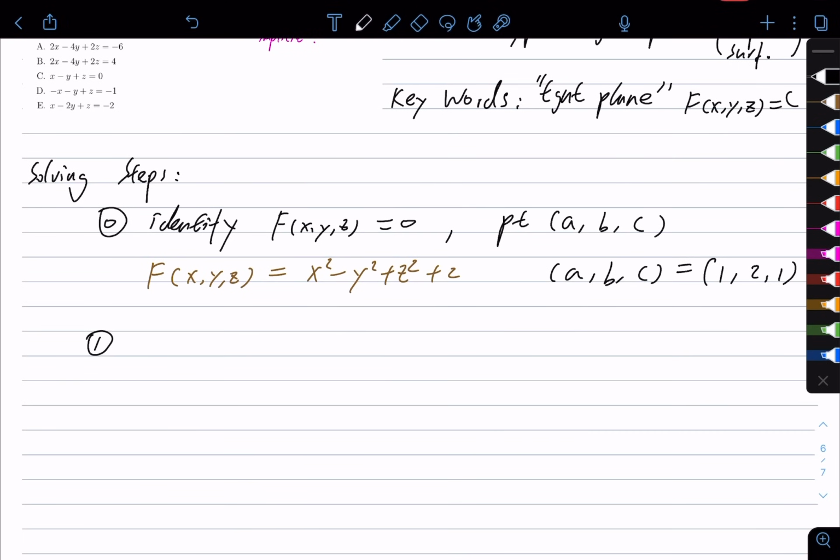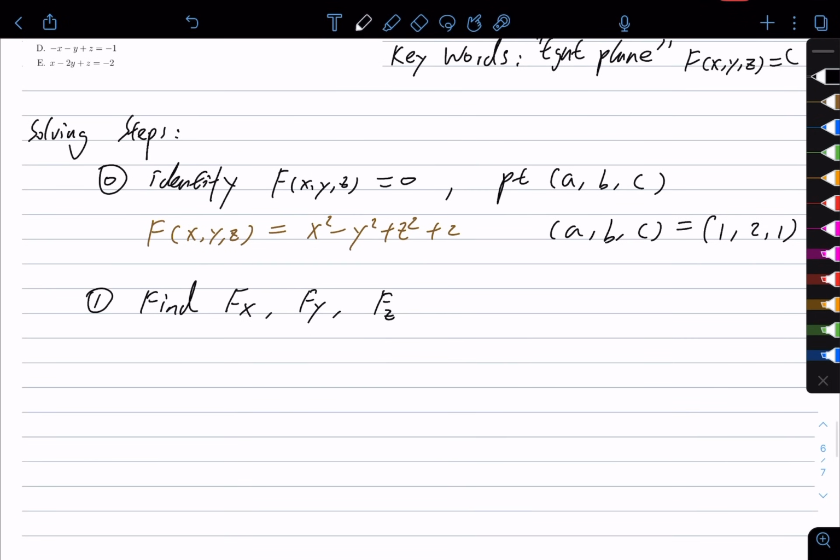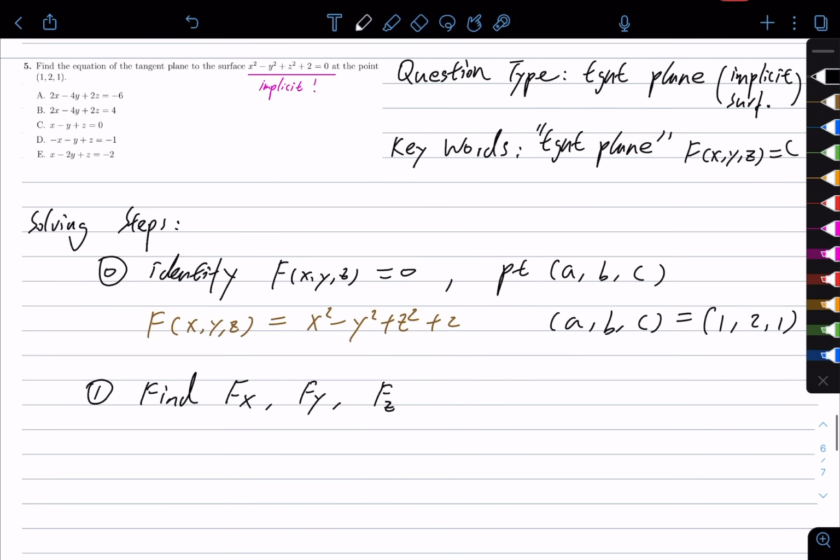And then the first step we're going to do is to find the partial derivative with respect to x, with respect to y, and with respect to z. So find fx, fy, fz. Okay, so in this case, the fx equals to 2x, fy equals to minus 2y, and then fz equals to 2z.